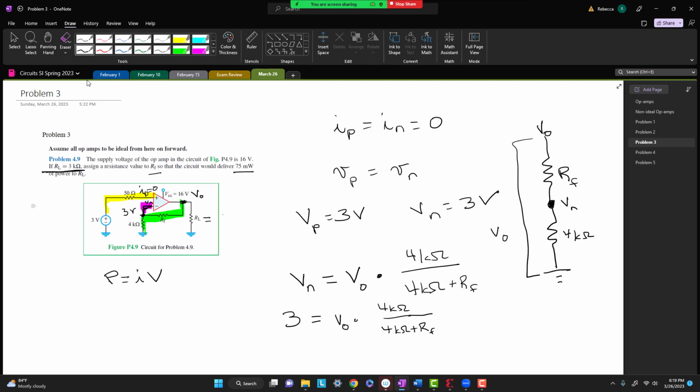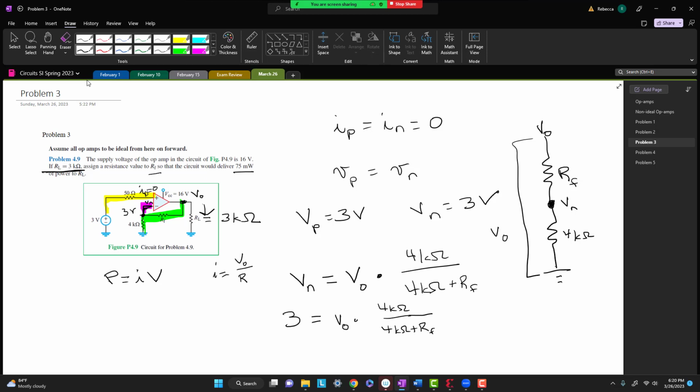So the current going this way is our voltage over our resistance.